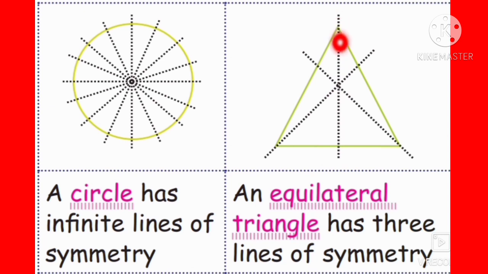From the vertex to the opposite side, the line of symmetry is there. Here too, we have lines of symmetry, totally 1, 2 and 3. So, children, it is very important: an equilateral triangle has three lines of symmetry from the vertex to the opposite side.